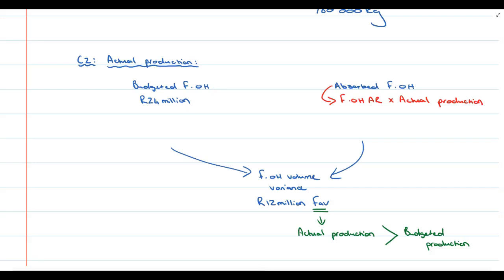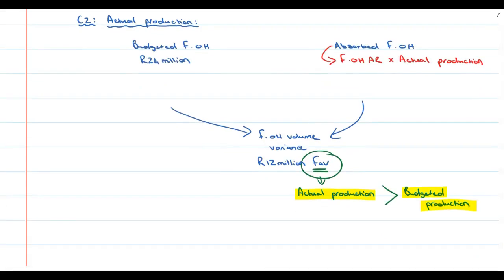So if this variance is favorable and if actual production is greater than budgeted production, then your absorbed fixed overhead must be greater than the budgeted fixed overhead.